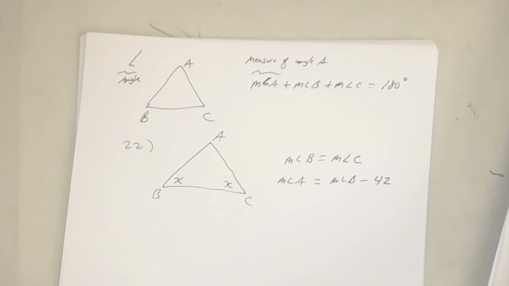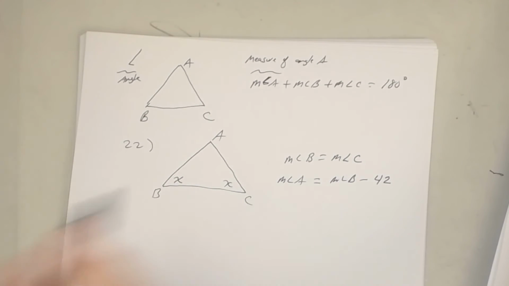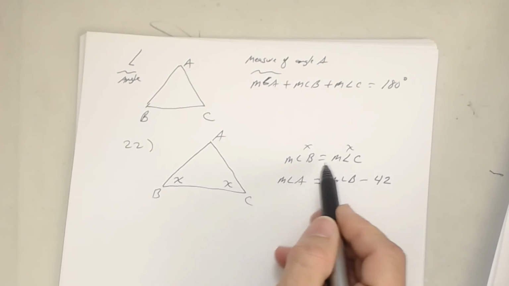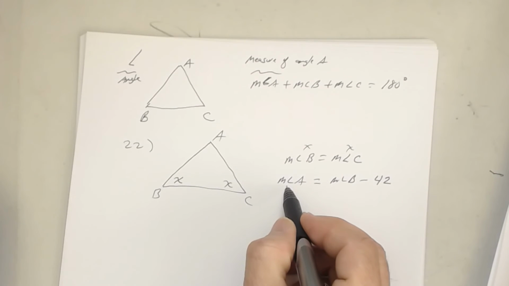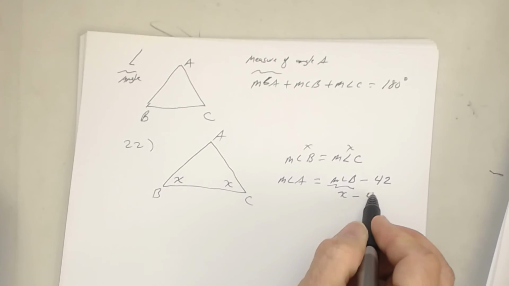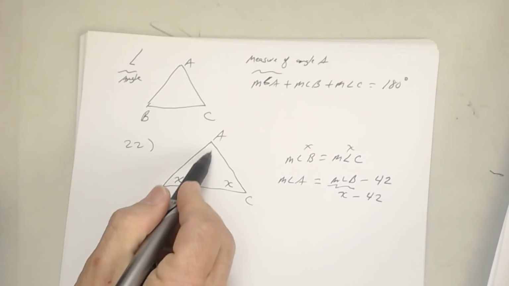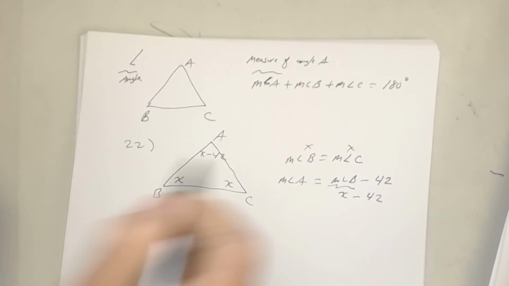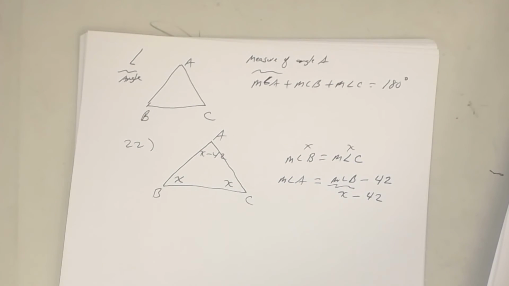C. So this is x, and this is x. Then angle A is the measure of angle B, which is x, minus 42. So how do I represent this angle? x minus 42. That's your thought process.